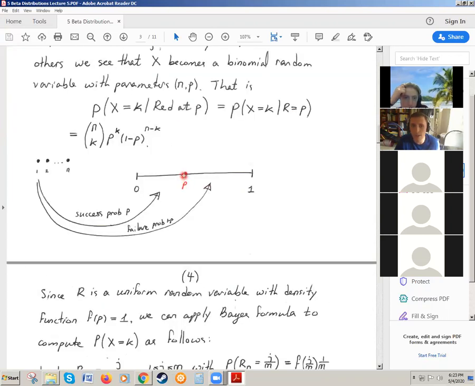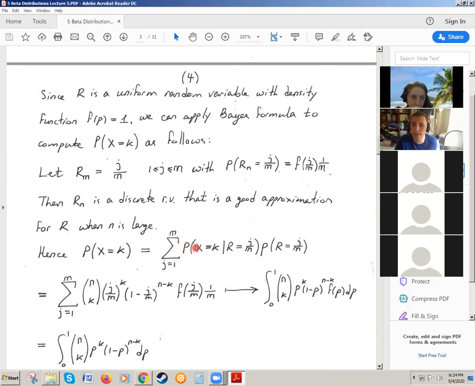If r could only be in discretely many places, let's say 7 places or even 100 places, what I do is calculate the probability that x equals k given that r is in one of those places, so basically the probability x equals k given r is in the first place, where that's when j is 1, then when r is equal to the second place, third place, etc. And I multiply by the probability that r equals that place. Which, if you write it out, is the sum. That's why I made it a discrete random variable.